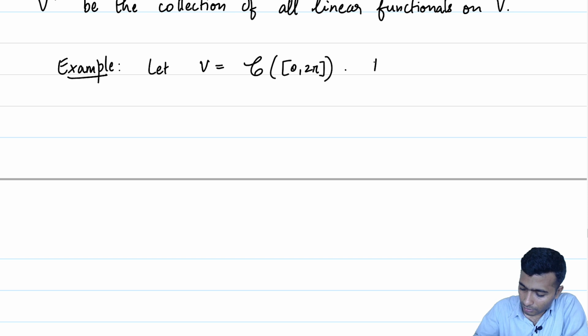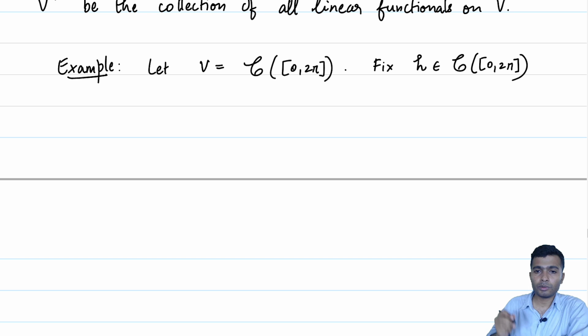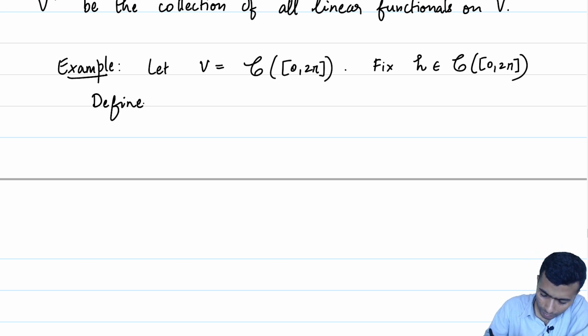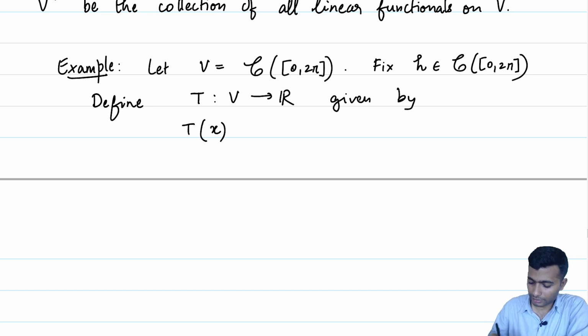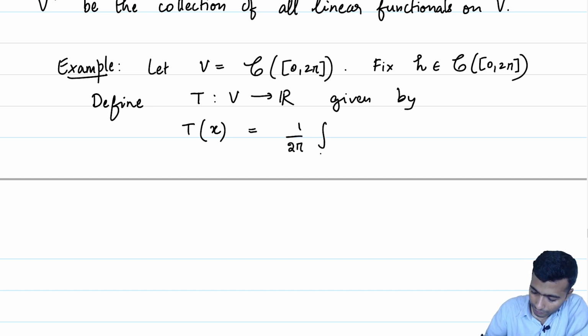and fix some continuous function, let us call it h, on C of 0 to 2 pi. Then let us define now a linear functional on V. Define T from V to R given by T of function x is equal to 1 by 2 pi times the definite integral from 0 to 2 pi of x of t, h of t, dt.